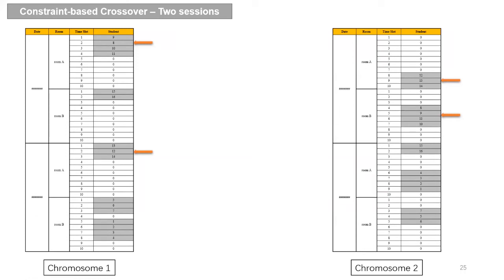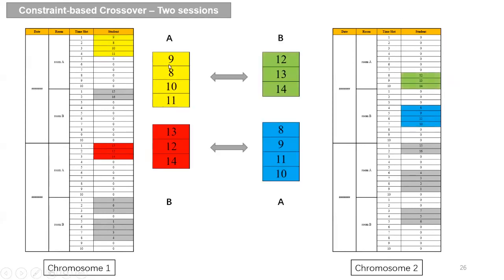Okay, so then I'm going to give two examples to introduce this special crossover operation. In this first example, we select two real sessions. Okay, so in this example here, we have two chromosomes. We select this session, one from student 8 to 11, another one from student 12 to 40. And similarly here, we select the same sessions like this. We give them different colors.